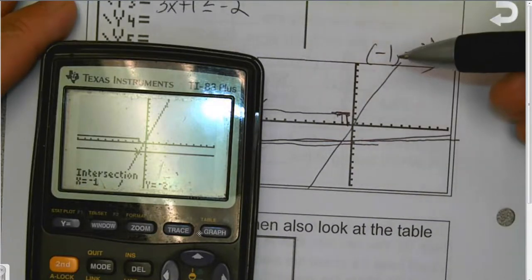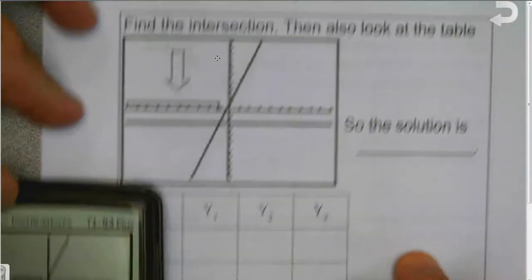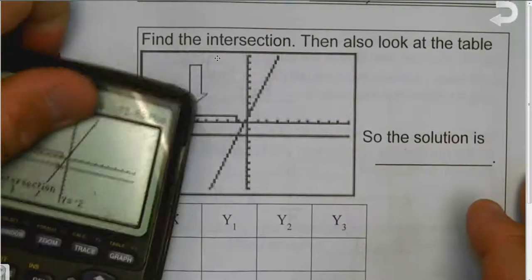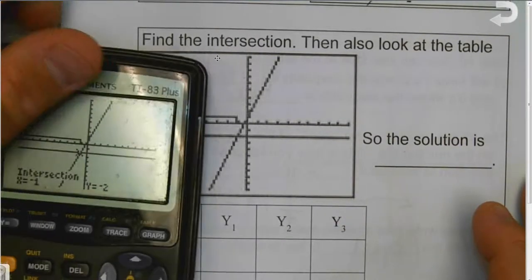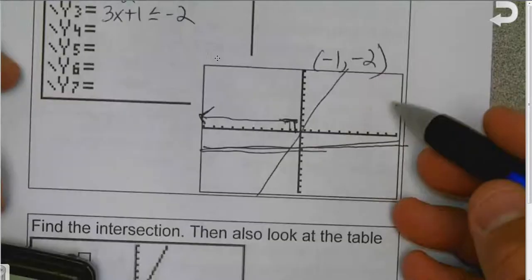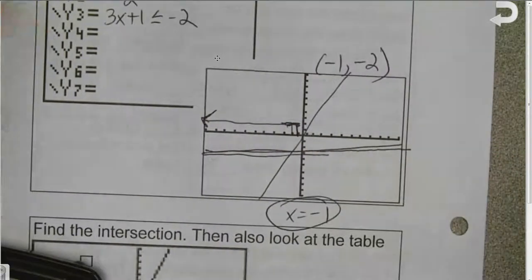That's important because now what's going to end up happening is in inequalities, we're not necessarily caring about the intersection. Like before, we got an answer and we got negative 1, negative 2, and so you knew that x was equal to negative 1 if this was an equality.